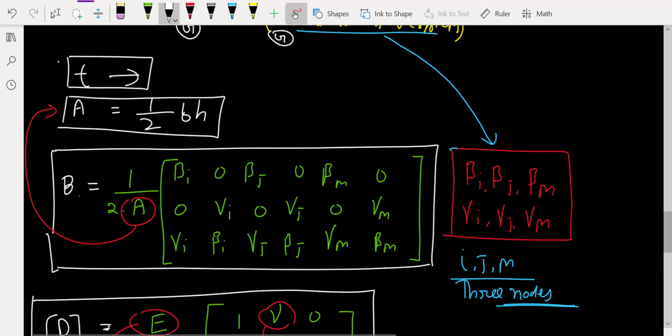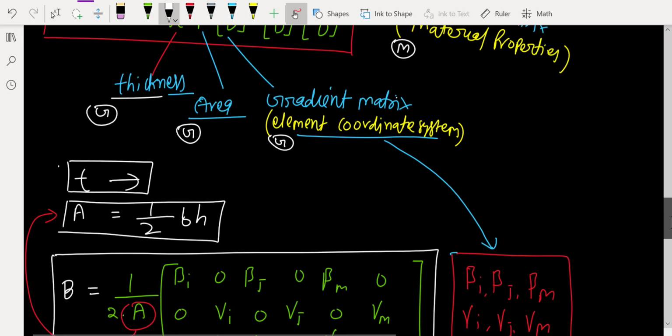Basically the gradient matrix has the area, which you already computed, half b h, breadth into height, and then bi, bj and bm, where i, j, m are the 3 nodes. So these bi, bj, bm, gamma i, gamma j and gamma m are explicit formulas relating to this information which you already computed.